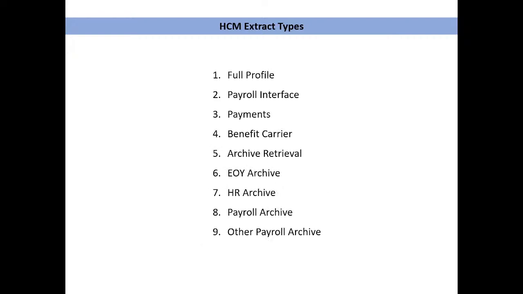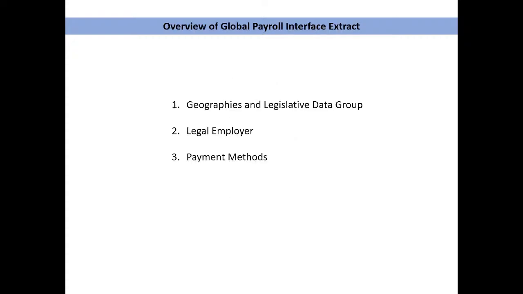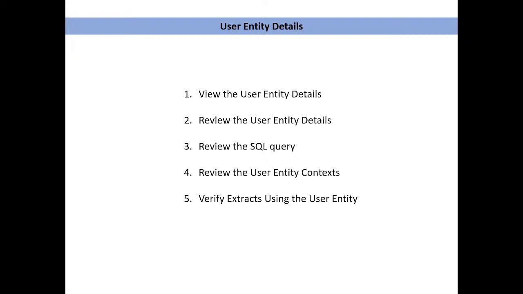And here we have the HCM extract type. We already talked about these HCM extract types, and also created one extract definition with the HR archives. Now we also discussed the global payroll interface extract about the geographies and the legislative data group, the legal employer, the payment method.